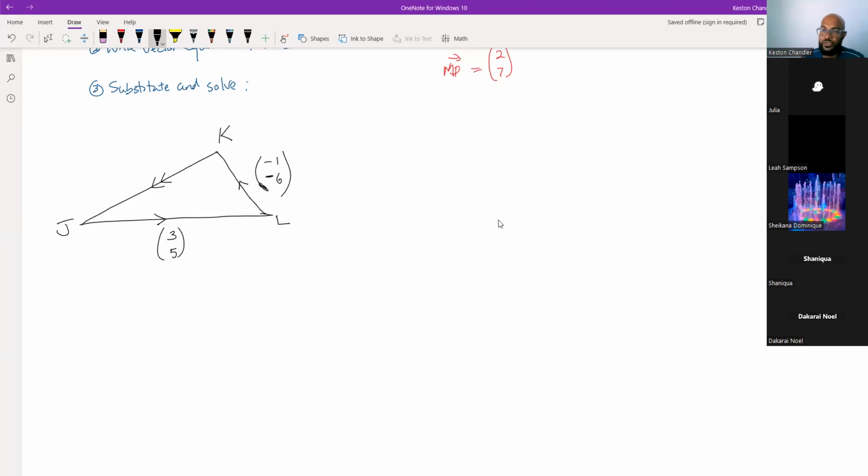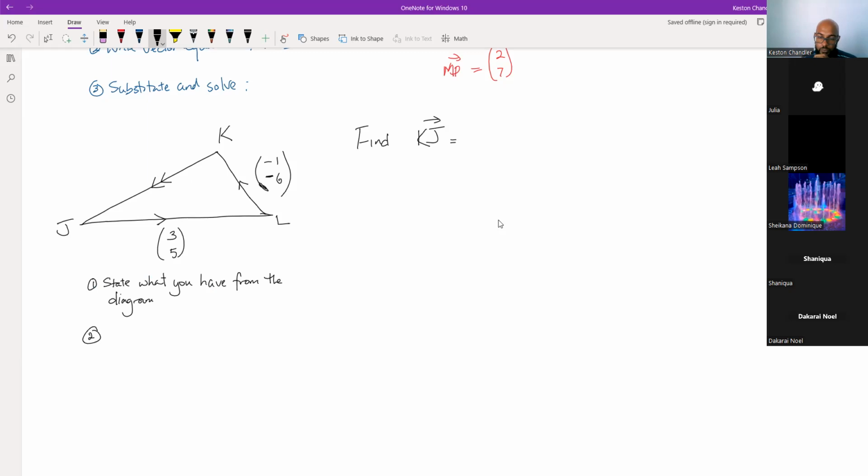Pay attention to your signs, right? Gonna do this one for me. Find KG. Right, remember again, one: state what you have from the diagram.